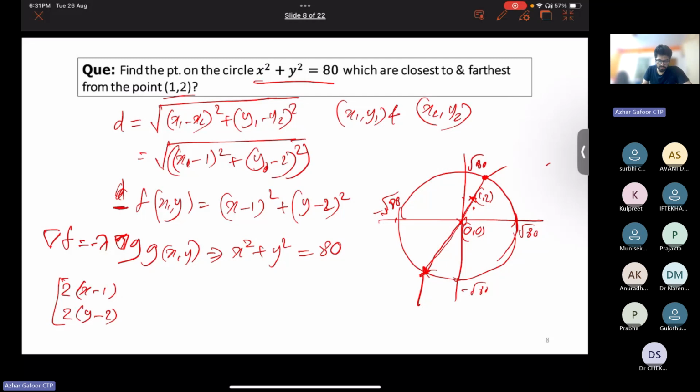That is coming from our objective function. Now we have to write the minus lambda into, where we have, so this is our constraint. So it will be 2x and 2y. Now we have to solve this problem.